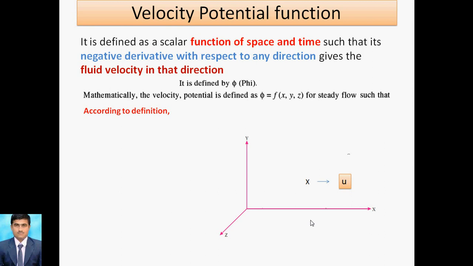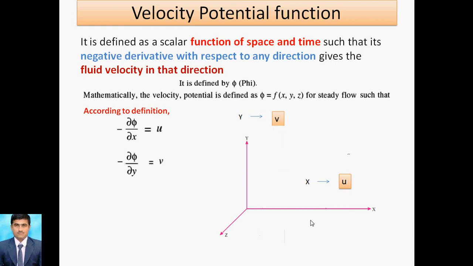For example, by definition, minus ∂φ/∂x, where phi is the velocity potential function, gives u, because the velocity component in the x direction is u. Similarly, minus ∂φ/∂y gives the velocity v.